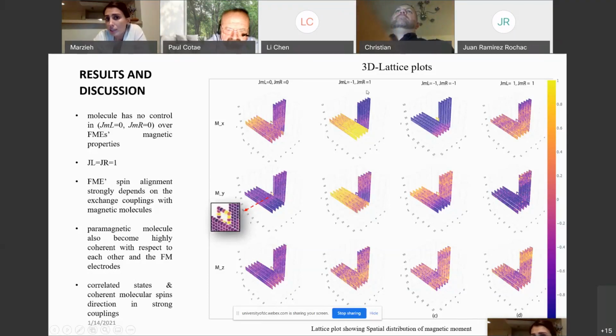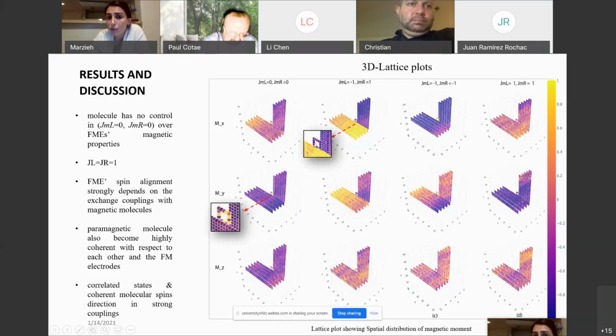When we go to the next step, -1 and 1, we see that the equilibrium happens in the x direction. So on one side we have a solid blue, and on the other side we have yellow. And we expect to see antiferromagnetic coupling of the molecule with respect to the electrodes, which is totally observable here.